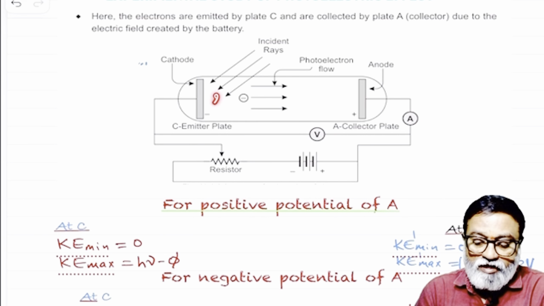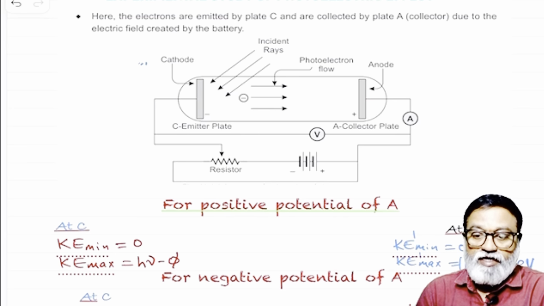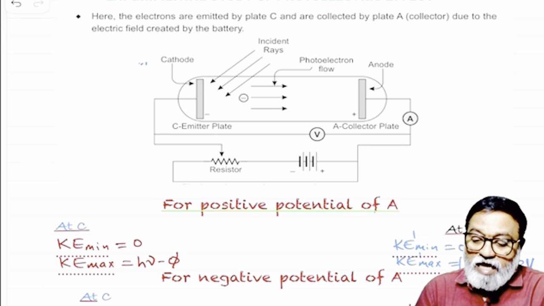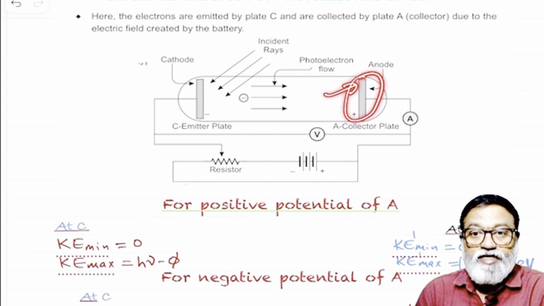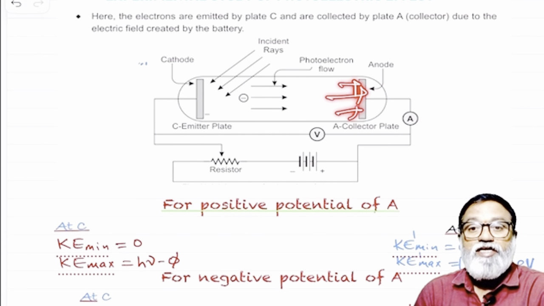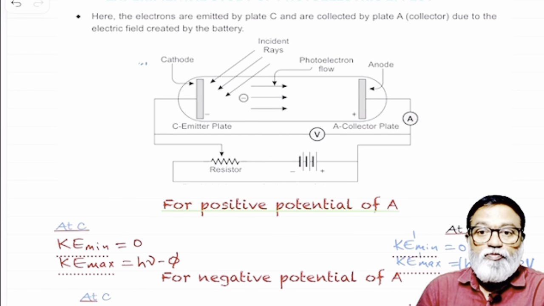For example, say 20 electrons are released from this metal surface. Of those, 5 electrons having maximum kinetic energy reach the anode. As the positive potential of the anode increases, the number of electrons reaching the anode also increases. Out of 20, 5 have already reached. The remaining 15 reach the anode one by one as the positive potential increases.